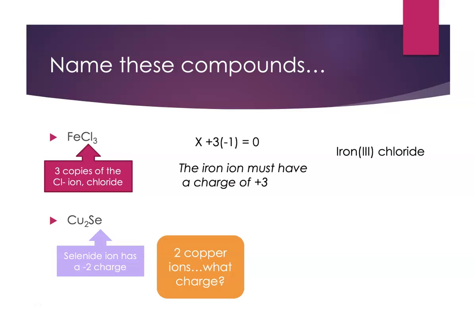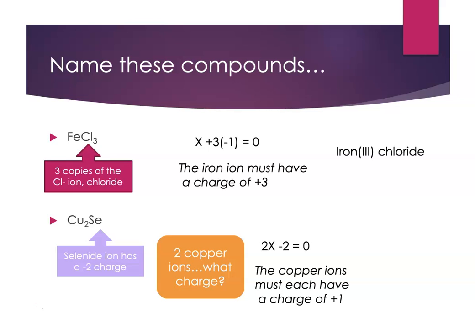So what does the charge have to be on those 2 copper ions? I have 2 of them, and it must be a cation, and then I have -2 for the selenide ion, and they have to add up to 0. So the copper ions must each have a charge of +1. And therefore, the name of this compound would be copper(I) selenide.